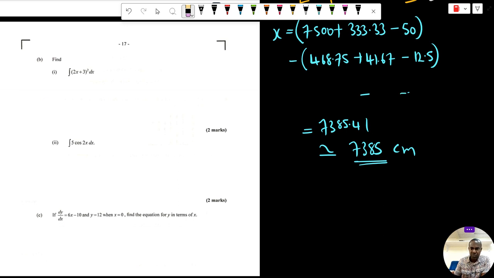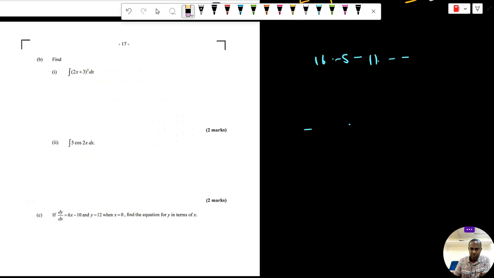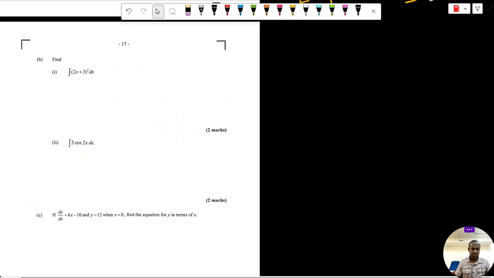Let us make some space here. All right, so part B says we're supposed to integrate or find the integral of 2x plus 3 all squared.